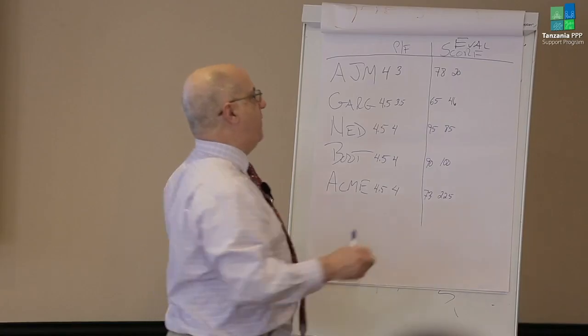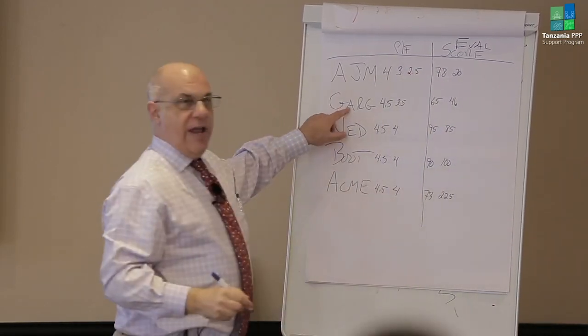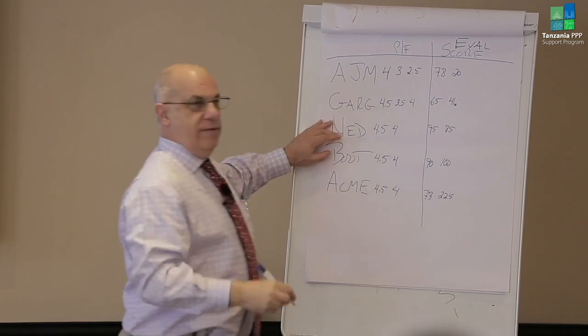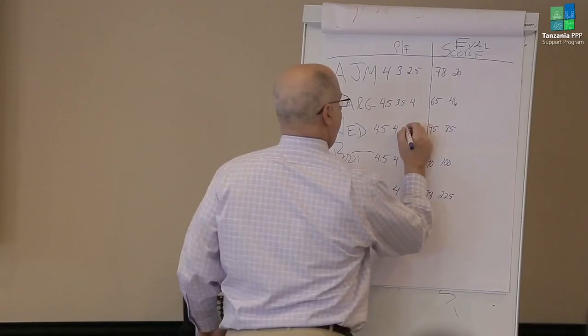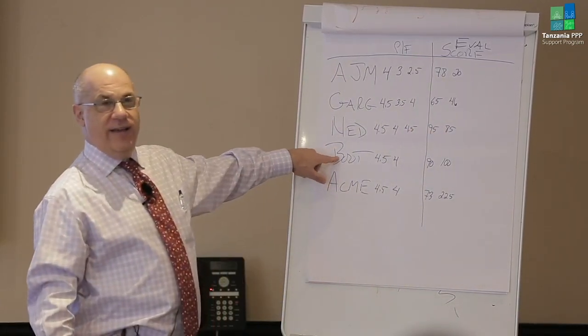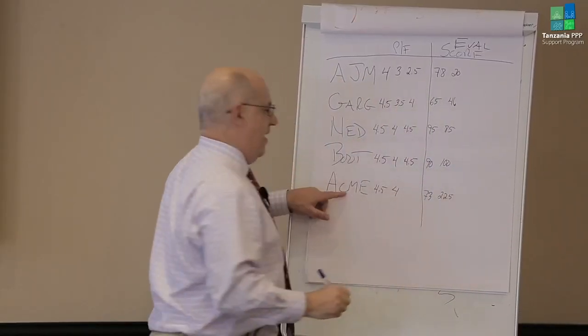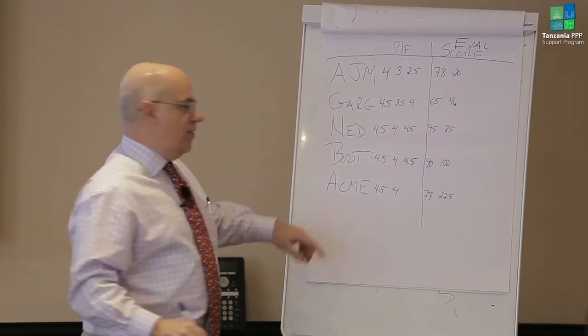Next table? 2.5. 2.5, okay. For Gargantuan? 4. Okay. Mr. White? 4.5. Okay. For the good-looking guy? 4.5, okay. And for Acme? 4.5. Okay.